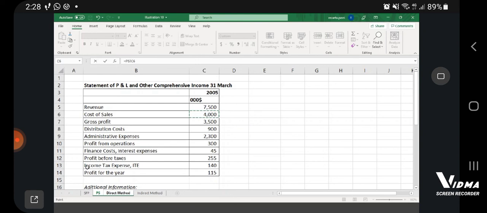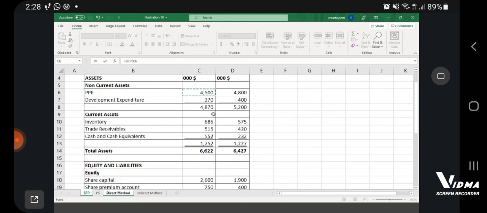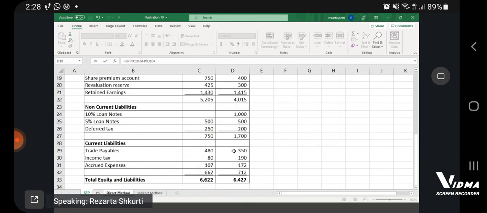So we first calculate the purchases by adding the closing balance of inventory and subtracting the opening balance. Later we add the trade payables opening and we deduct trade payables closing.